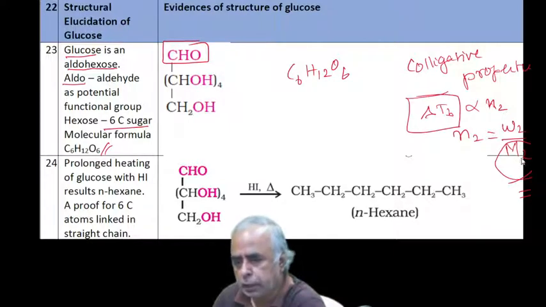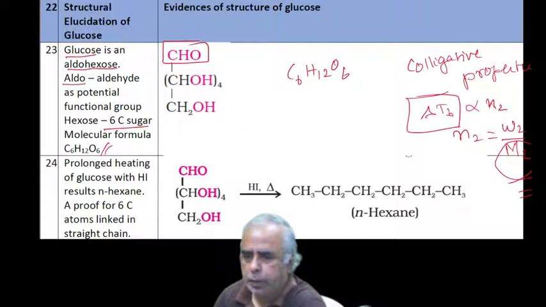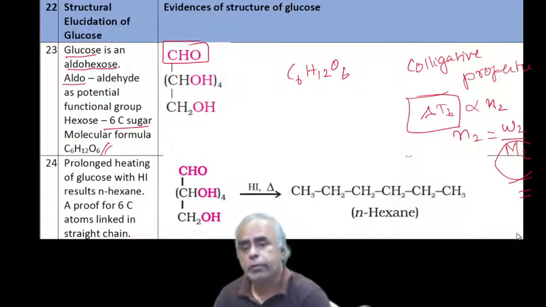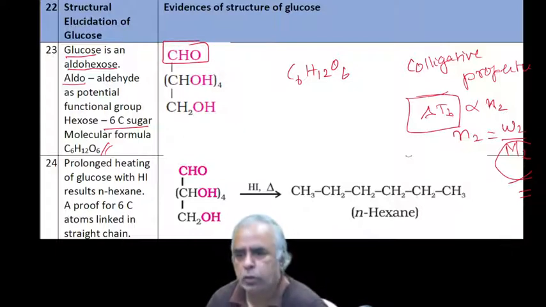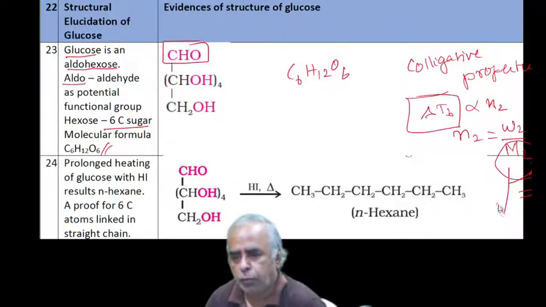It is a fantastic technique, and that is why such type of colligative property experimental studies are called molecular weight determination studies. So based on that we can find out the molecular weight, and once you are able to get the molecular weight, from there we can get the empirical formula.